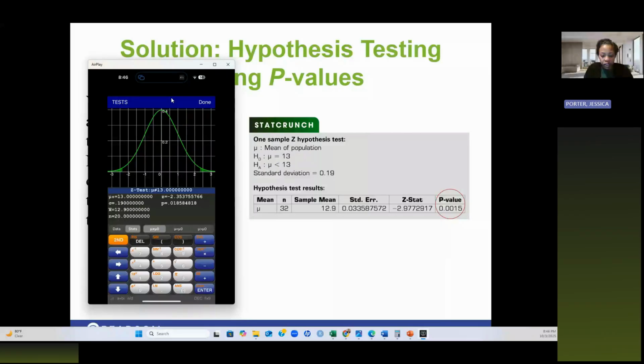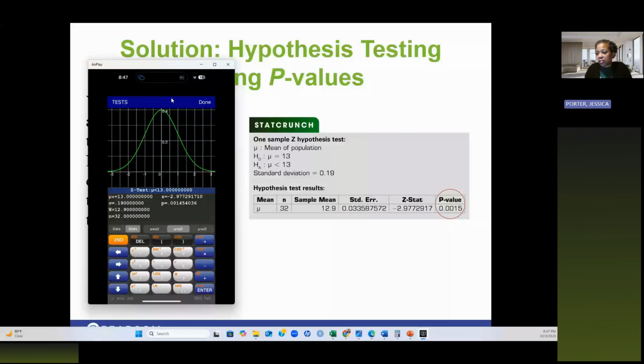Our N was 32. And notice down here, right above the parentheses, it's reading a two-tailed test. I need to select a left tail test. So right here, it was two tail. This is left tail, and that's the right tail test. So there's left tail. Okay.